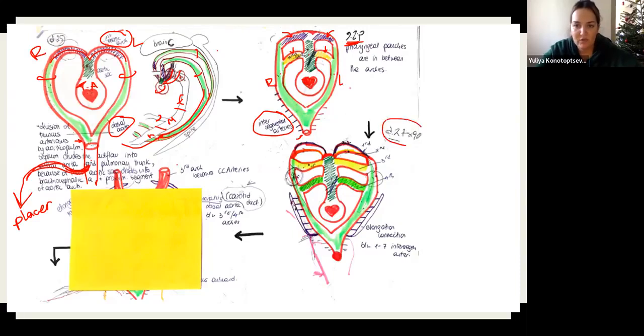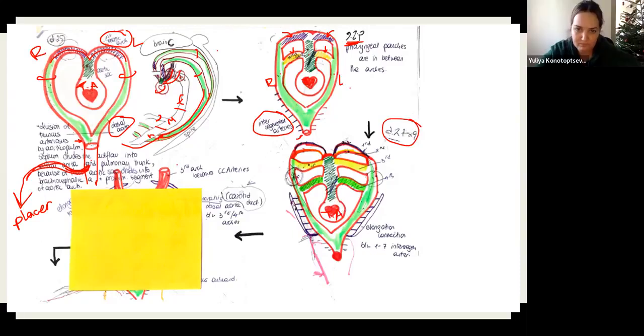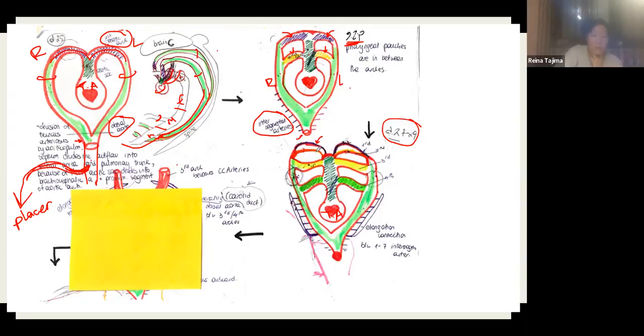Day 27, 29. I point, you tell me. What is this? Truncus arteriosus. This one? Aortic sac. This? First aortic arch. This?